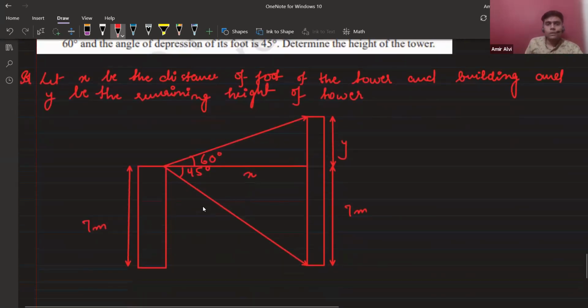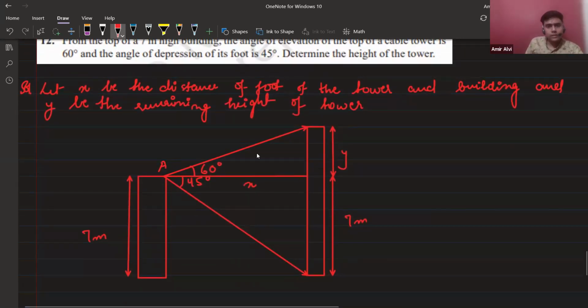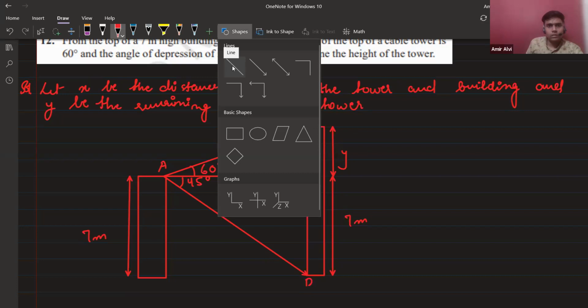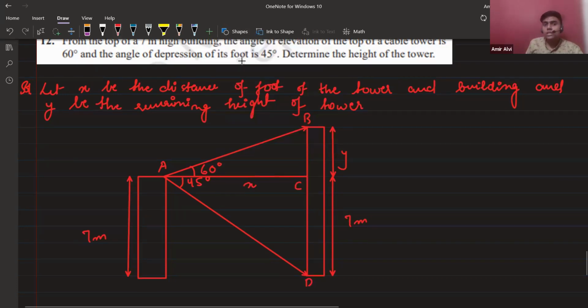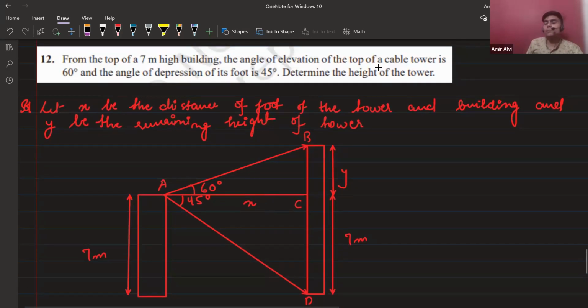So let's say this is A, this is B, this is C. In this figure, we are taking it down because it says angle of depression of its foot. It's basically talking about the cable tower.